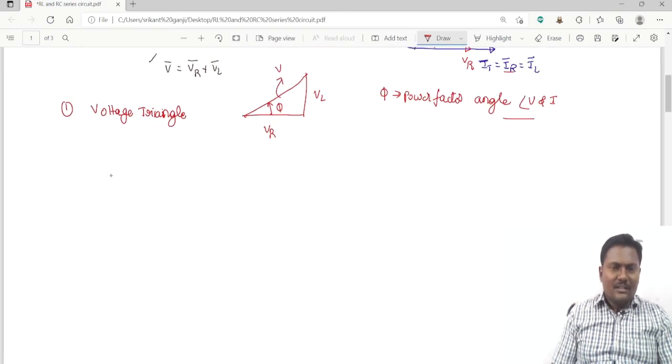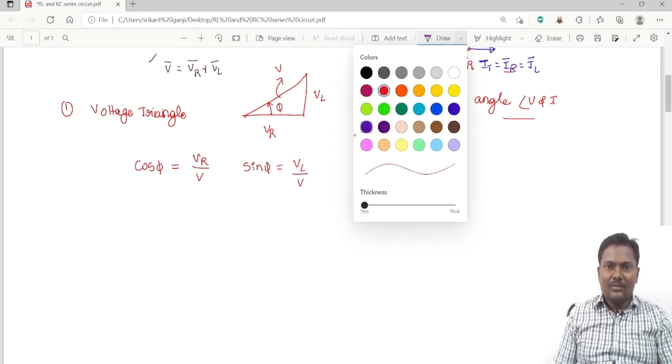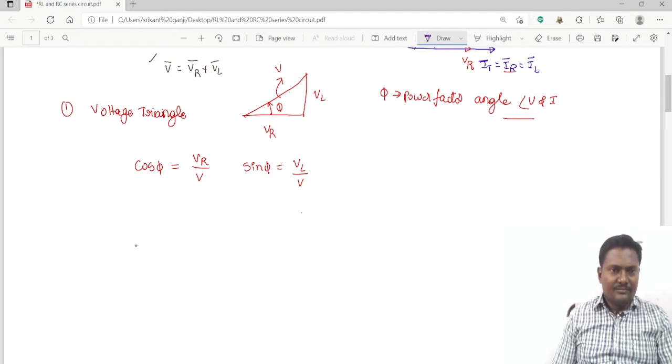From this, cos phi is the ratio of V_R to V, the base component to the hypotenuse. Sin phi is the opposite side by hypotenuse, V_L divided by V.